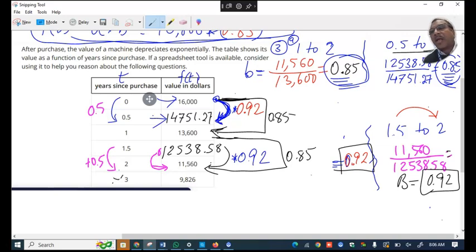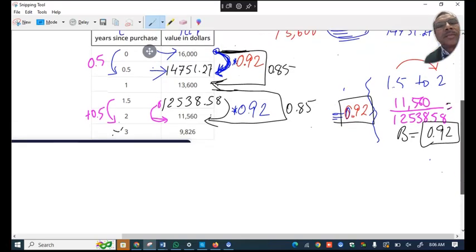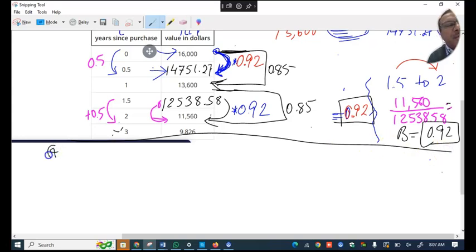Let's see, the next question is asking us. Okay, and the next question is saying, suppose we know f(q), the value of the machine q years since purchase. Explain how we could use f(q) to find f(q + 0.5), the value of the machine half a year after that. So let's see. This is last question number 4. So it tells you f(q).